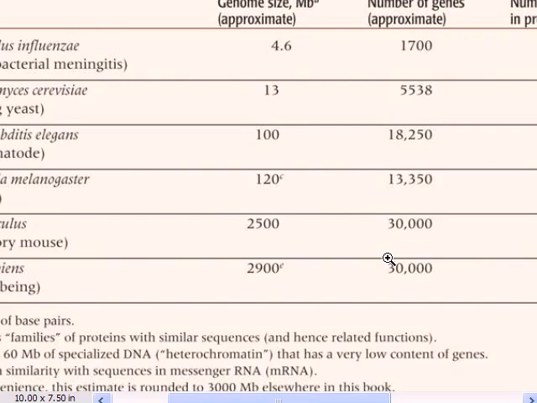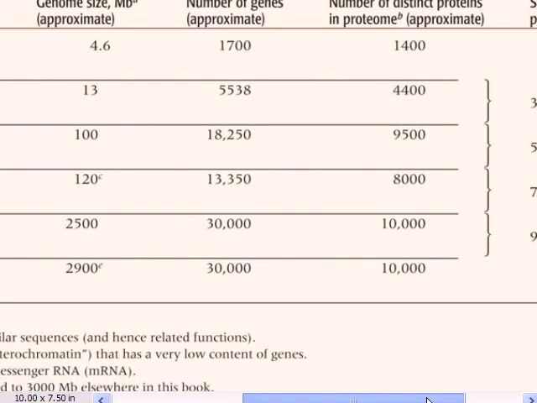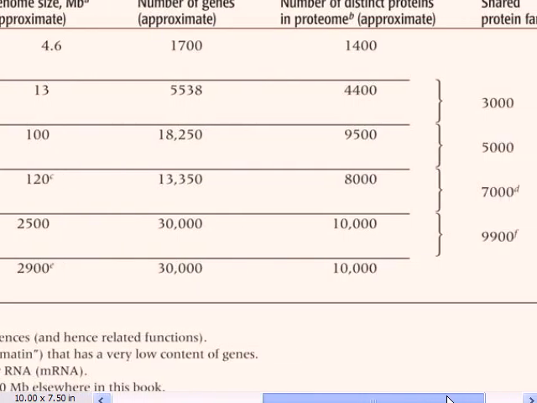But this number here, 30,000 genes in a mouse and a human, was kind of surprising. It was thought that humans were a lot more complicated than mice. I mean, we've got bigger brains, we can talk, etc. But one of the surprising discoveries is that there weren't 100,000 genes as was expected for humans. There are only about 30,000. So we take a relatively small number of genes and we can generate a lot of different types of proteins.